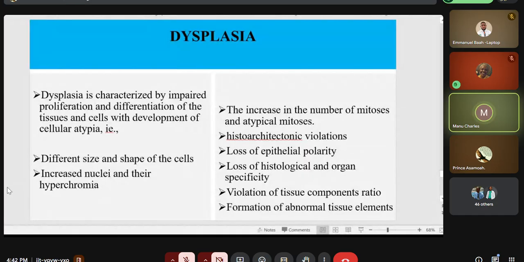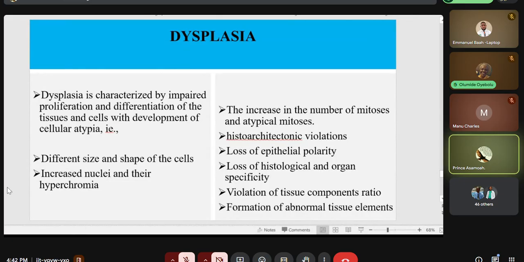So, sir, please, hyperplasia and hypertrophy are the same, isn't it? No. Okay. So with hypertrophy, there's an increase in the sizes of the cell or tissue.